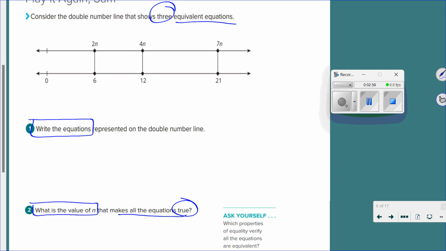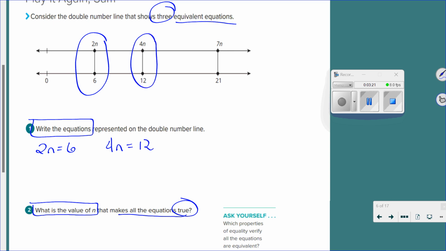All right, who can tell me what the first equation that is represented on the double number line is? Riker? 2n equals 6. What is the second equation represented on the double number line? 4n equals 12.